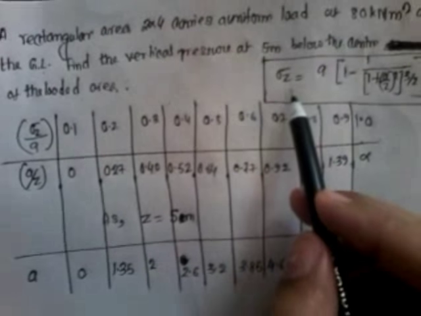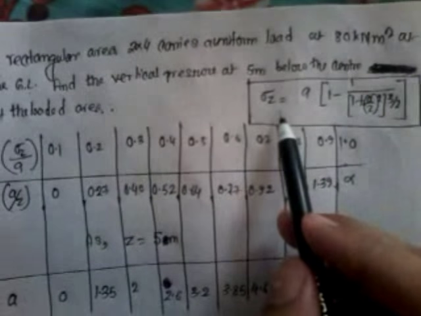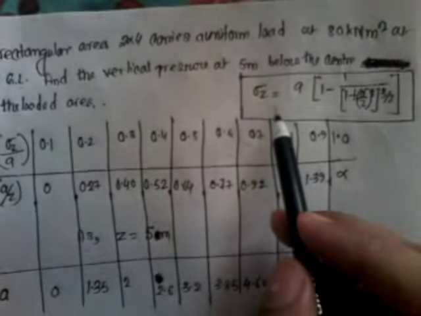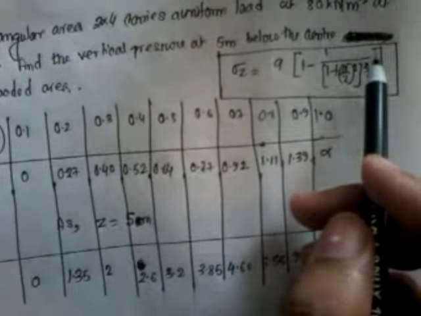From the circularly loaded area, we know that sigma z equals q into 1 minus 1 by 1 plus a by z whole square, to the power 3 by 2.